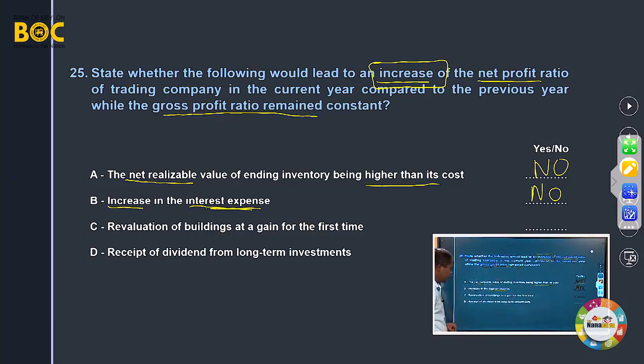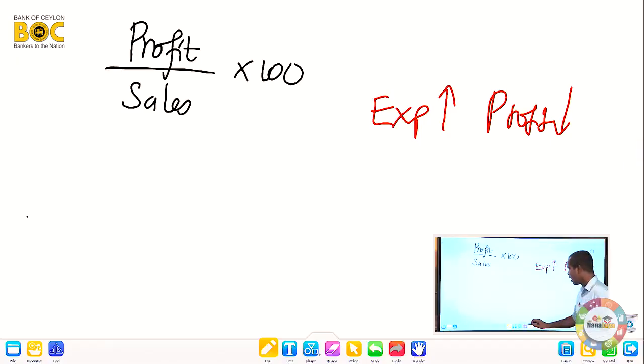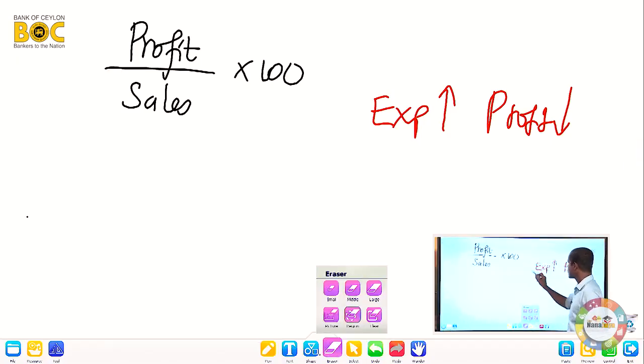Next, the revaluation of buildings at a gain for the first time. Where do you record the first-time revaluation gain? You record it under other comprehensive income.